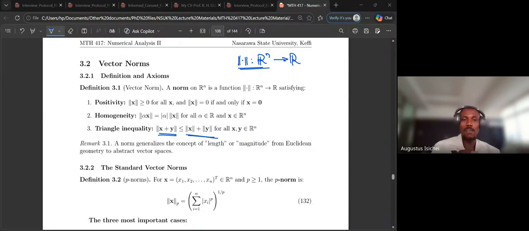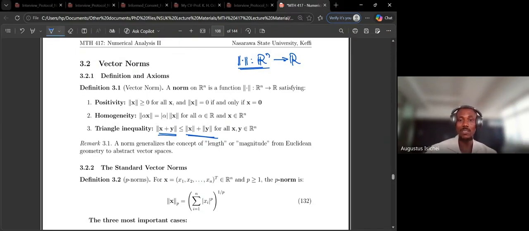Okay, I have a remark for us. Remark 3.1. A norm generalizes the concept of length. If you are familiar with the concept of length or magnitude in metric space, you did metric space in what course, or what level? I think it should be your 300 level. Metric space is taught in what course again?